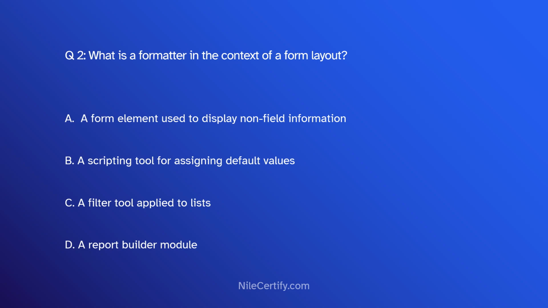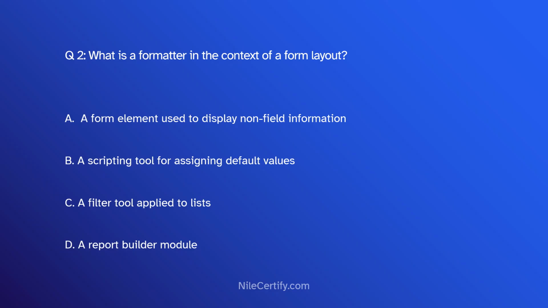Now let's go through the options. Option A, a form element used to display non-field information. And this lines up perfectly with the definition from the documentation. I want you to think of the activity formatter. It shows comments and work notes, and that is not a single field on the record.